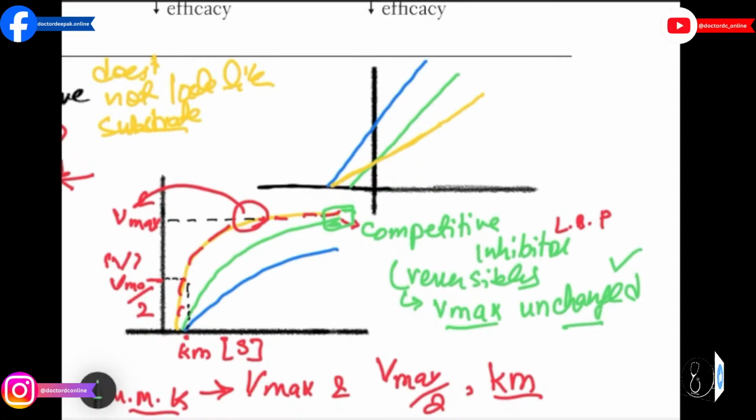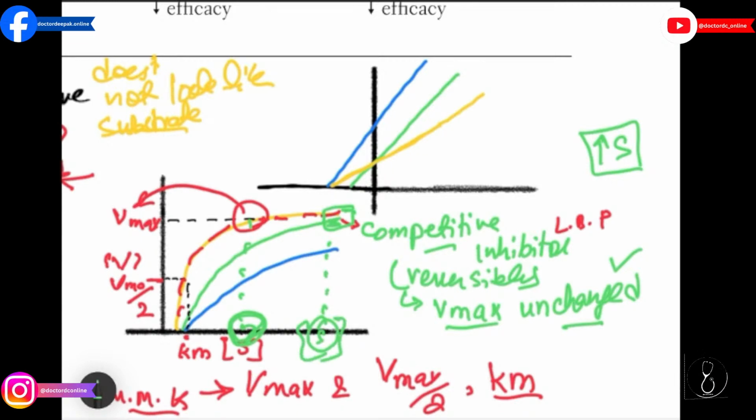And the second reason is from the concept that a competitive inhibitor will be knocked out by increasing the substrate. If you take the Vmax here, with the concentration of substrate, then you get the Vmax. After that, adding the inhibitors, you achieve the Vmax at a higher concentration of substrate.